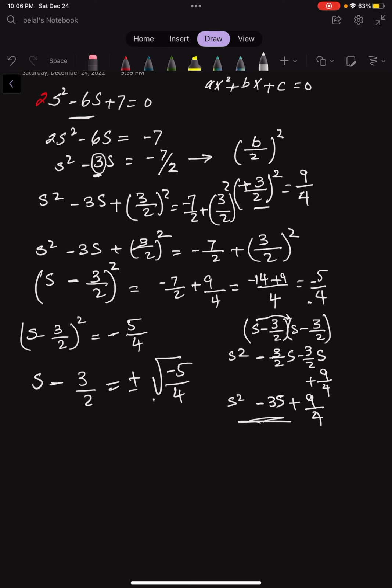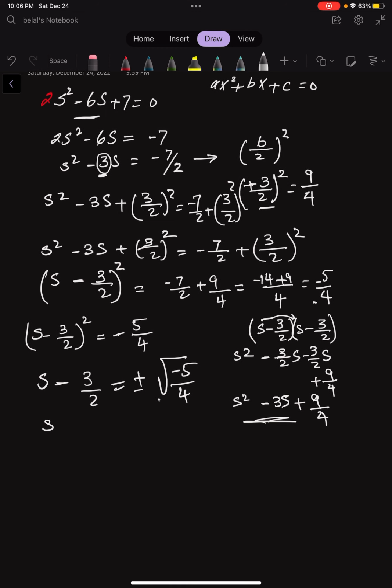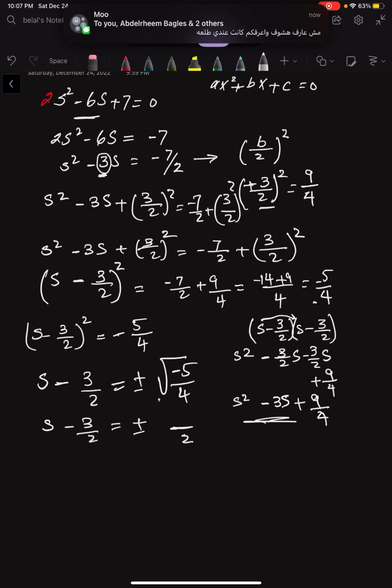If you remember, we had this imaginary part here. So how are we going to deal with this? The square root of 4 comes out, which is going to be 2. And then the square root of minus 5 is the square root of minus 1, that's i, and the square root of 5. So it would be i times the square root of 5.